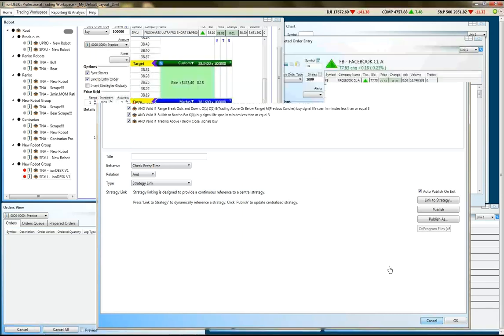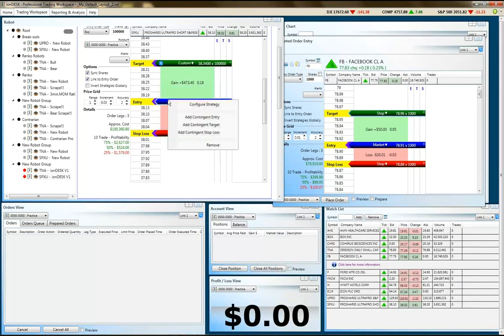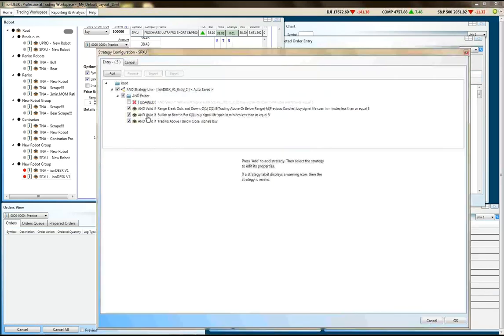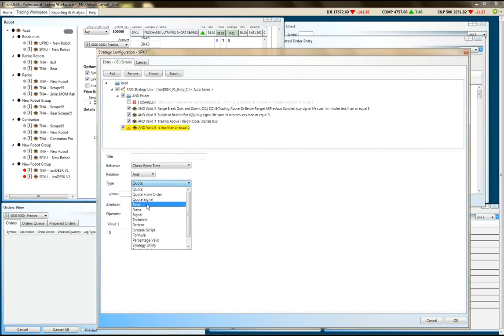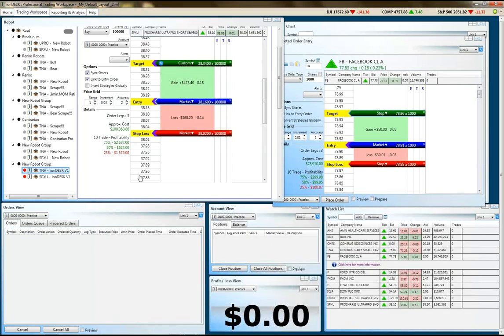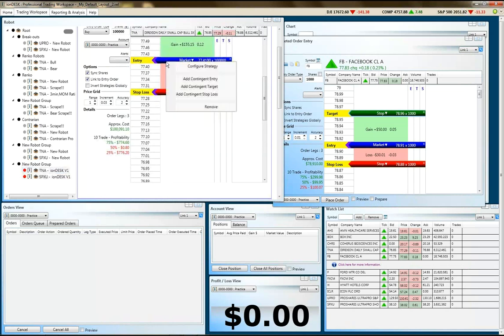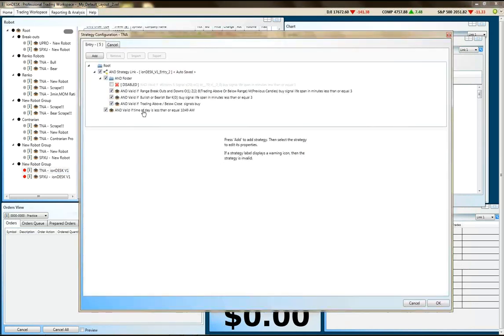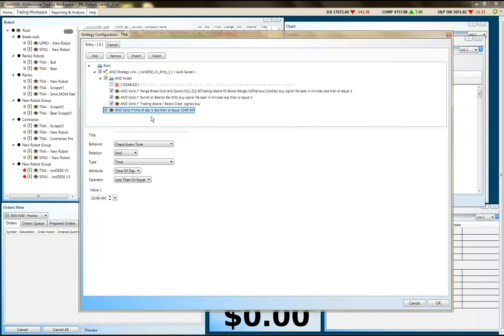So what this means is that with the same strategy here, I'm going to add something, and it says it's auto save. As soon as I add anything to the strategy and hit OK, if I go over to my bullish setup and hit configure strategy, that same thing is there, and I didn't have to do any more adding.